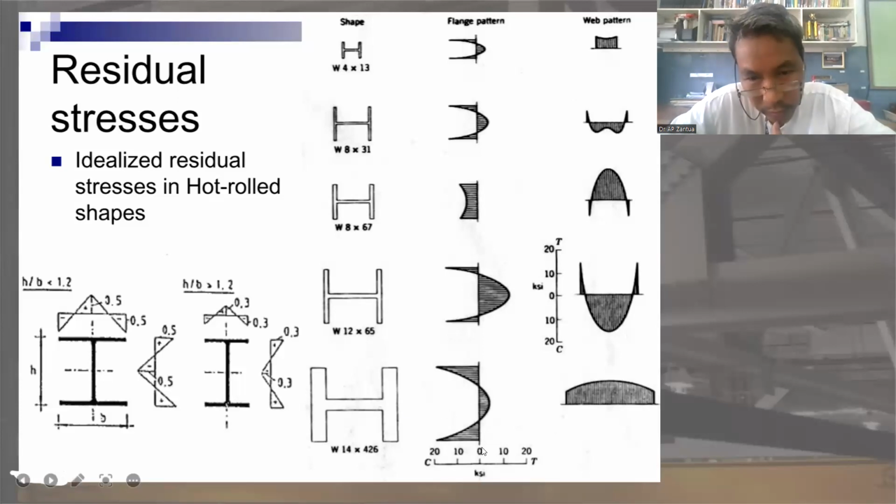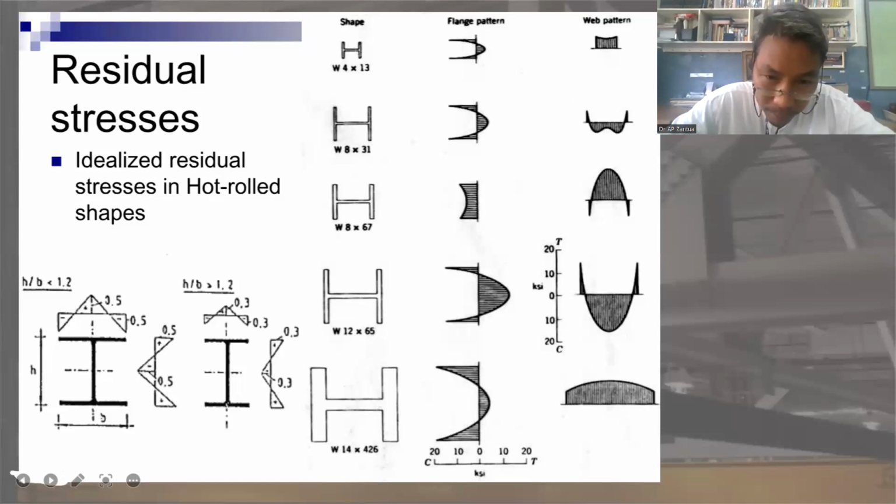What do we have here? Take note, positive is tension, am I correct? So negative is compression. When we say negative, that is compression. Here, this means negative 20, compression.